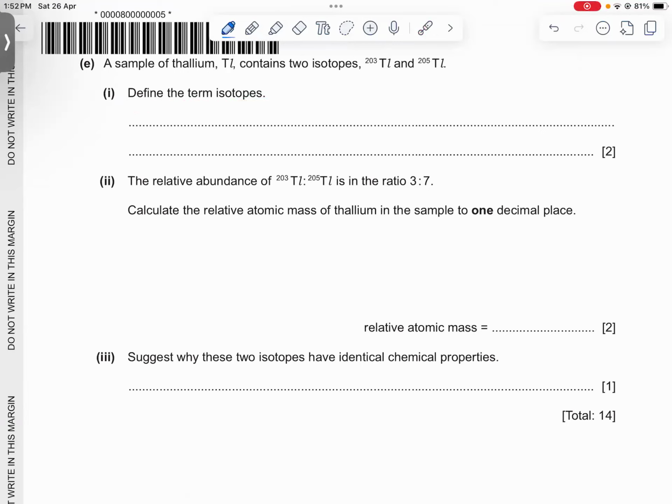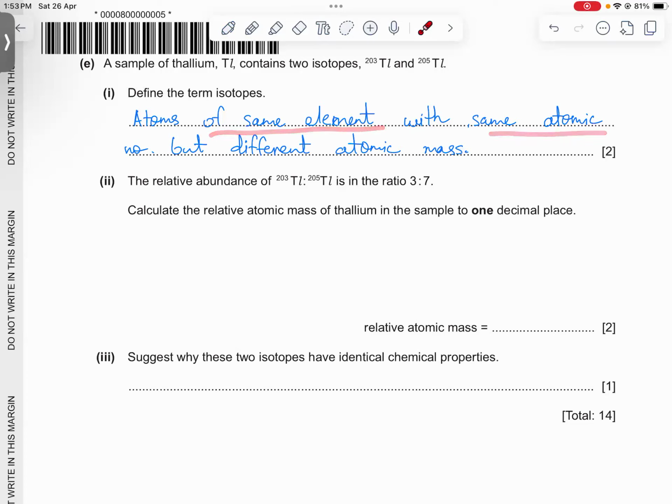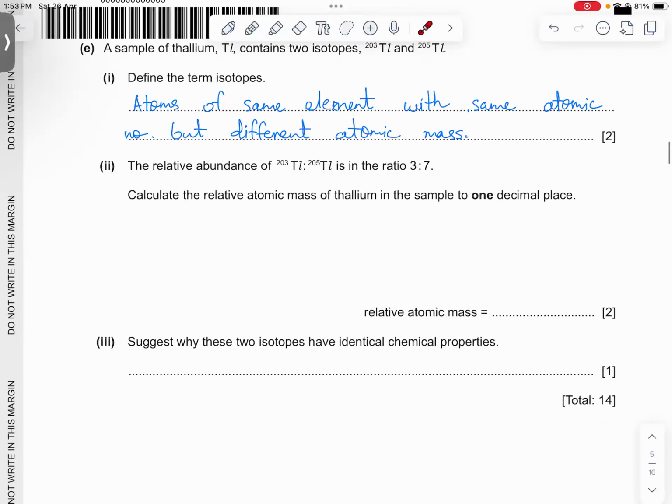All right, so isotopes are atoms of the same element with the same atomic number but different atomic mass. You could have even said atoms of the same element with the same number of protons but different number of neutrons. That is also 100% correct.